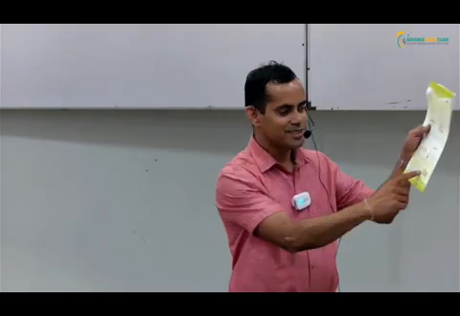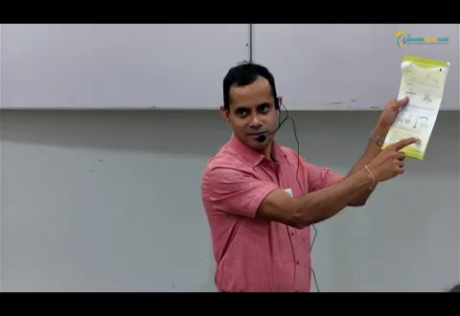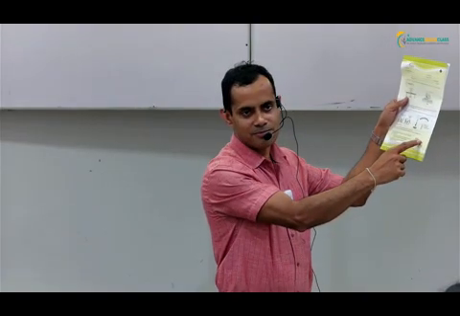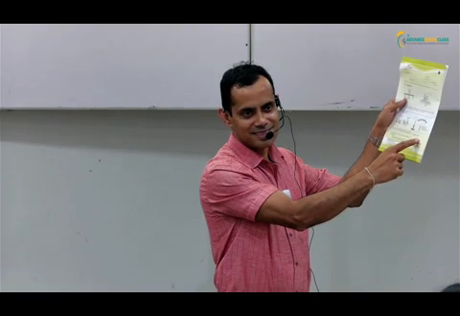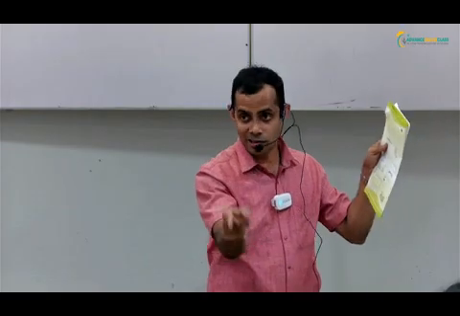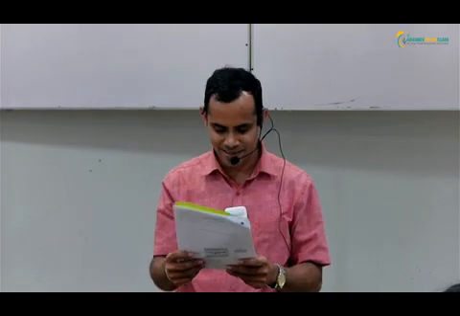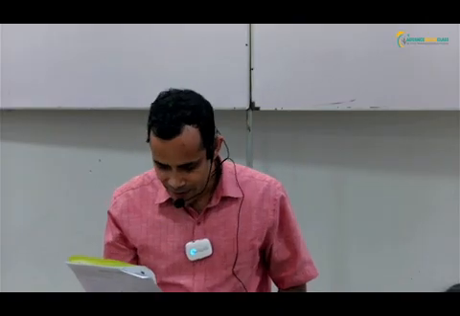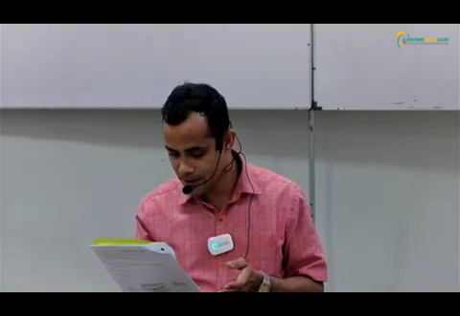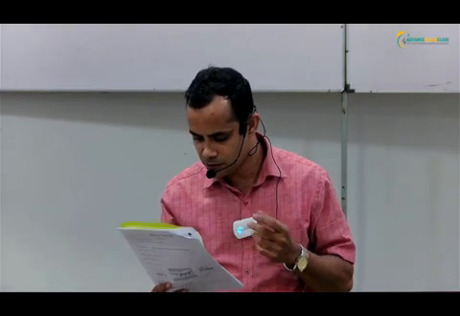Okay. So if this table is coming, what can you say about forces? Balanced or unbalanced? Unbalanced. If it is not coming, what can you say about forces? Balanced. Right. Let's read it. As shown in the picture, we apply a small force on the table. First it does not move.